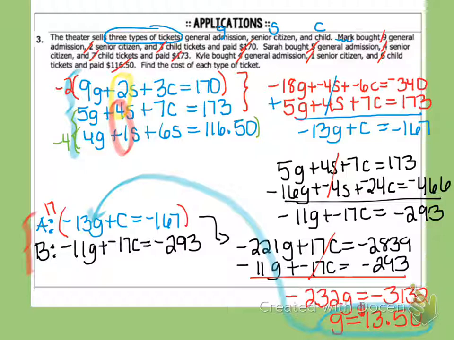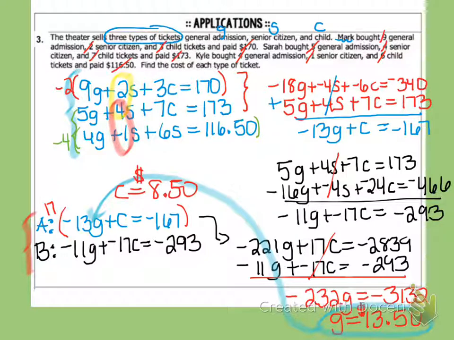So when I add 175.5 to negative 167, that turns out to be 8.50. And so now I've found that C must equal $8.50. So now I know children's tickets.